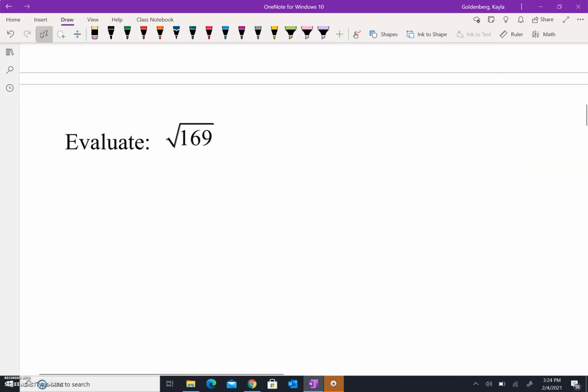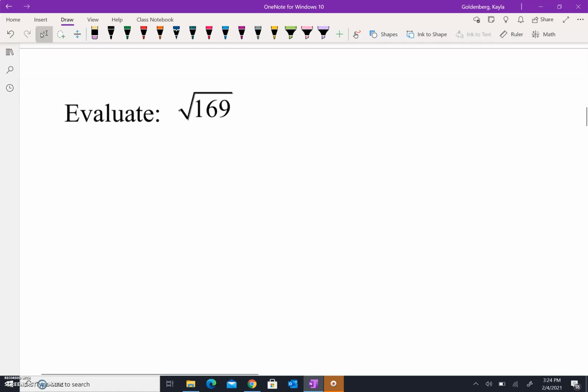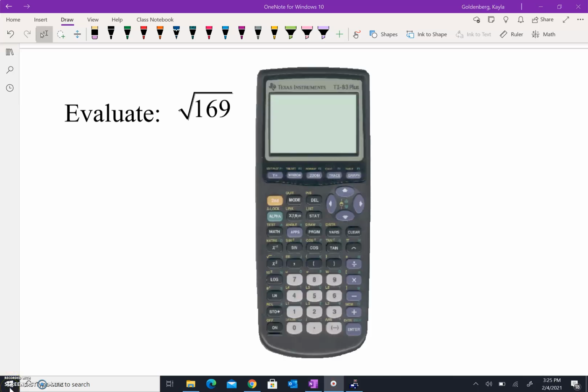So this is the first radical, or specifically square root, that we're going to simplify. I'm going to pause the video and pull up my calculator. It's always a good idea to double check if it comes out cleanly before we look at other methods. So in this calculator, notice the square root is yellow, so I have to hit my second yellow button before clicking this key and then type 169.